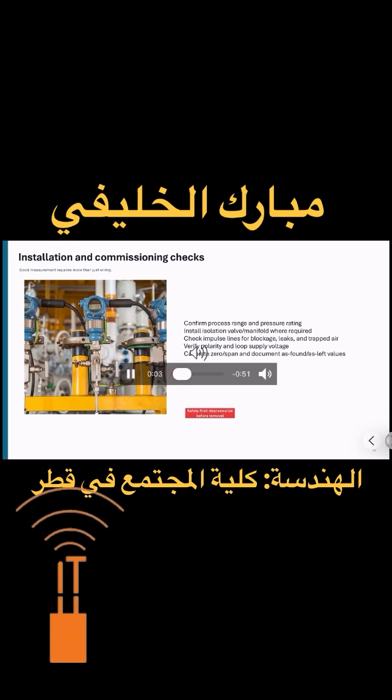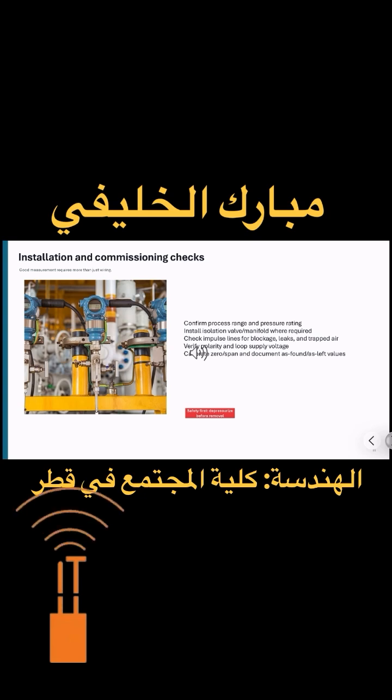Installation and commissioning checks. Correct installation is very important for accurate pressure measurements. Before installation, we should confirm the process, range and pressure rating. We may need an isolation valve or manifold for maintenance.